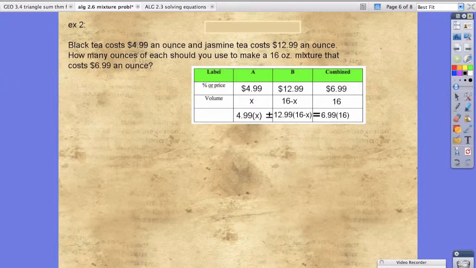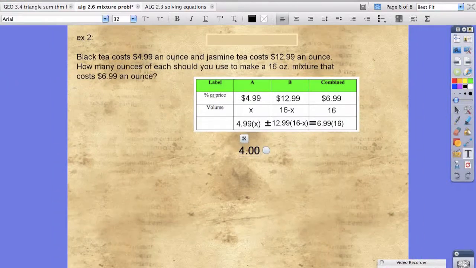So we're going to do some simplifying again, and we're going to be left with 499x plus 1299 times 16, and that's going to give us 207.84 minus 1299x equals 699 times 16, which is 111.84.